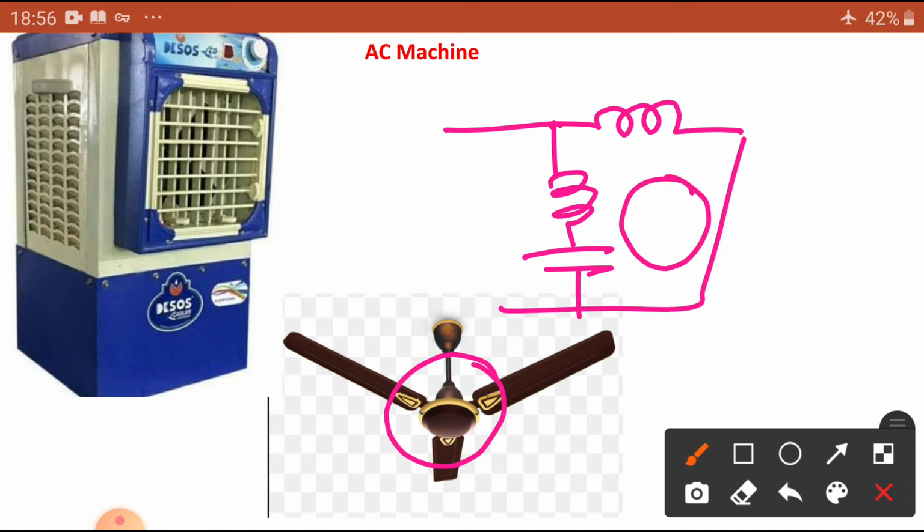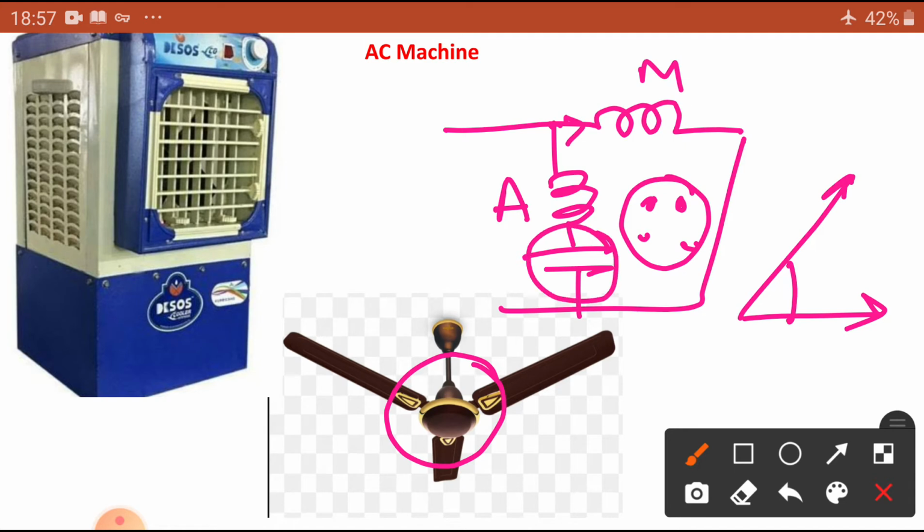This is the rotor, and this is the stator. This is the main winding and this is the starting or auxiliary winding. The currents flowing in these windings differ; some phase displacement is required, and for that purpose I use a capacitor.